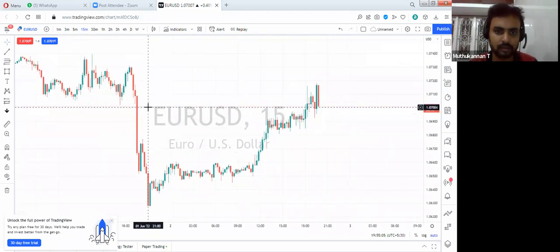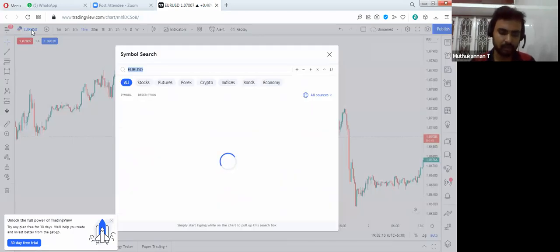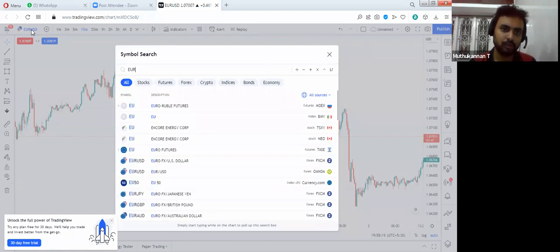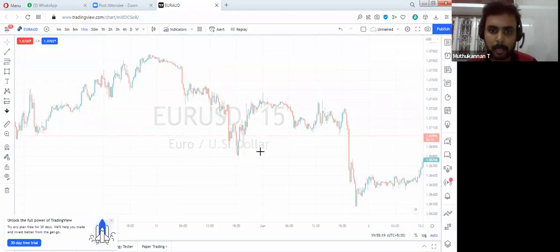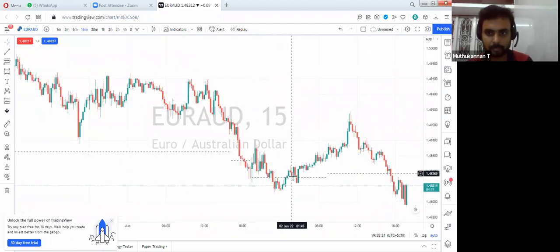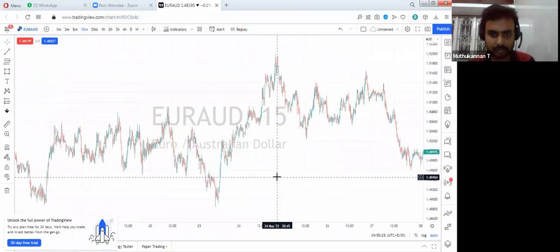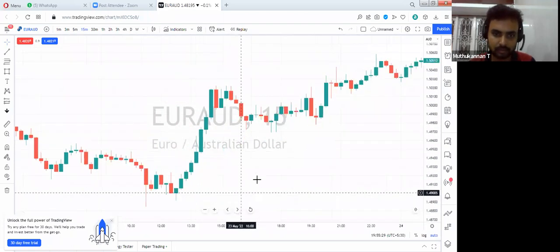Let's see here. There's a bearish example. Let's go to a different pair, Euro AUD, some exotic or minor pair. So the market is bearish. This is a perfect one.